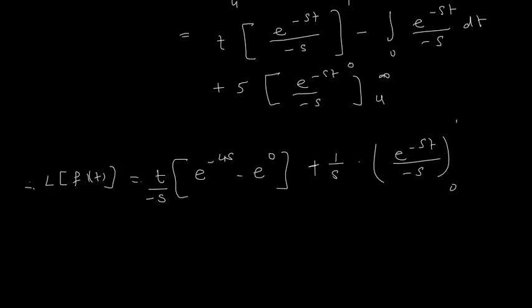now limit is 0 to 4, and plus I have 5 here, 5 upon minus s we will say e power minus infinity minus e power minus 4s. Infinity into s will be infinity, so I have not written infinity into s.